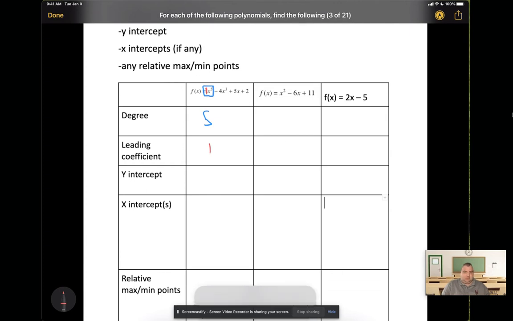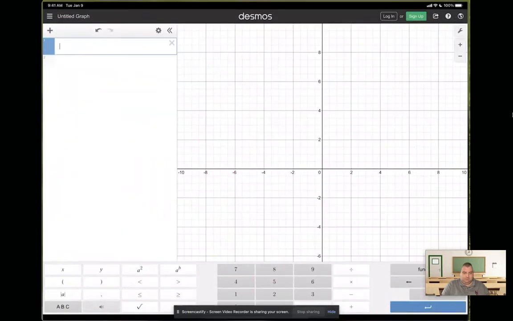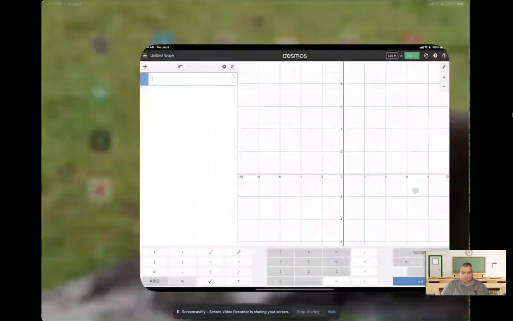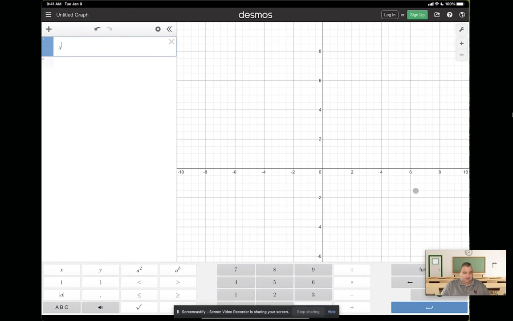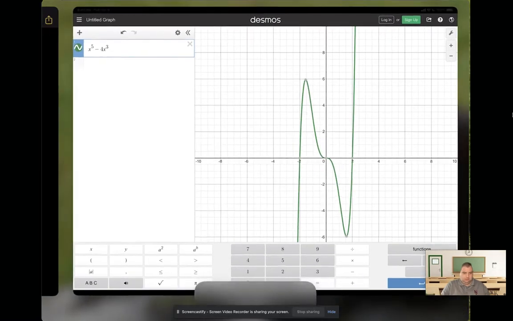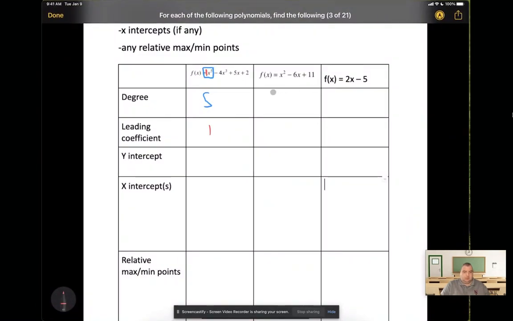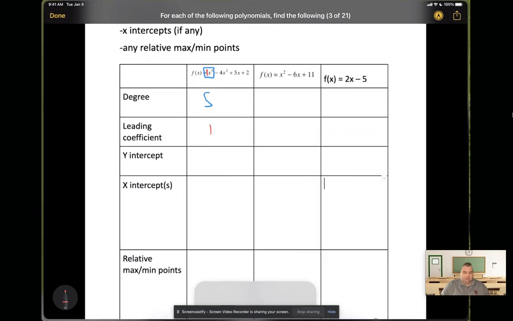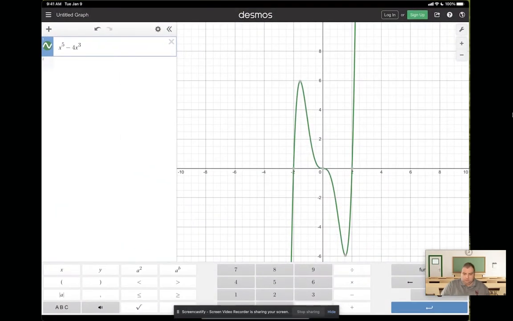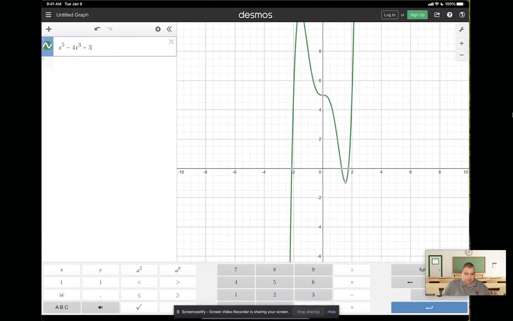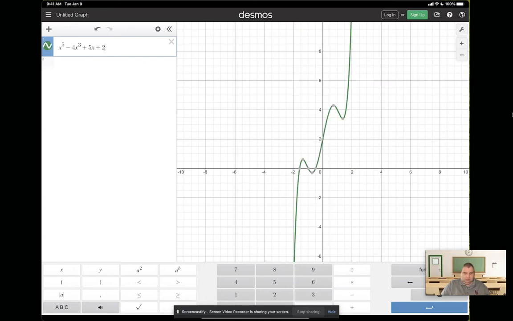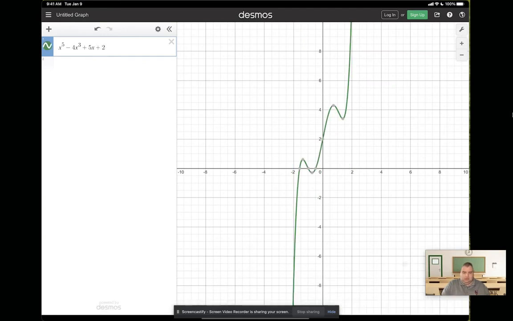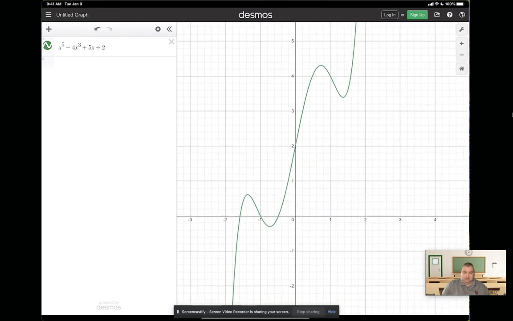So x to the fifth minus 4x cubed plus 5x plus 2. And I can zoom in here so I get a better view.